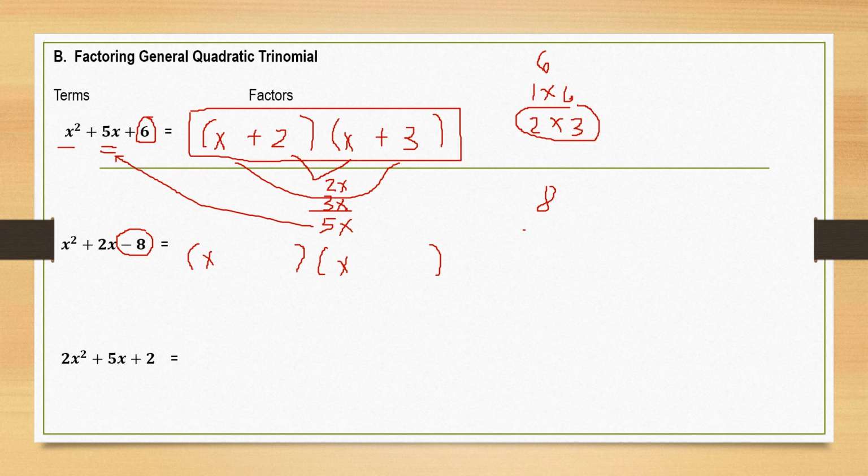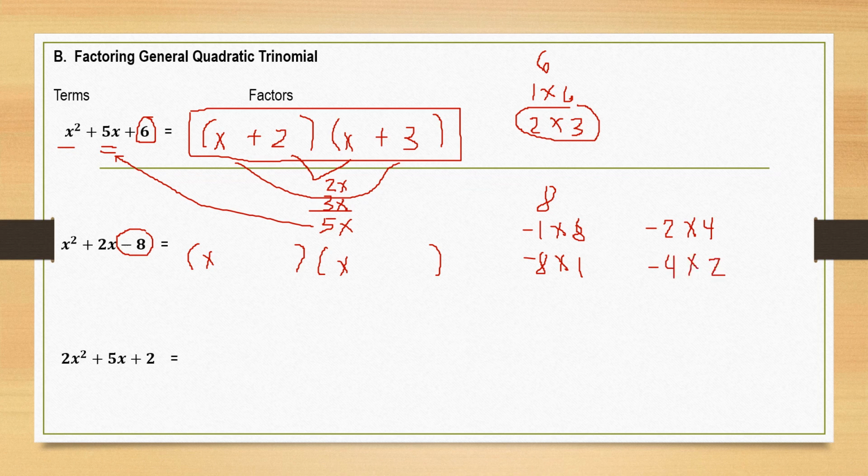It could be negative 1 times 8, negative 8 times 1, negative 2 times 4, or negative 4 times 2.